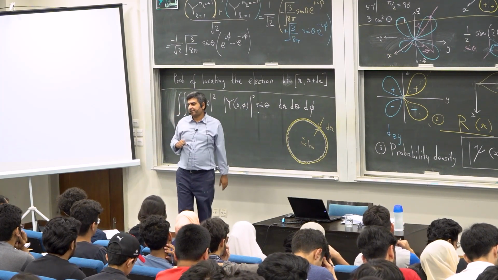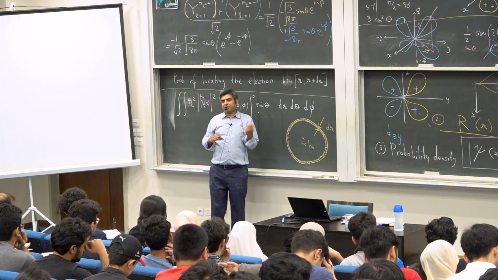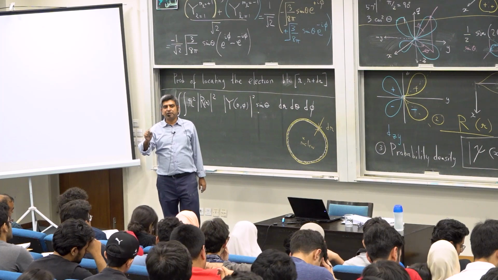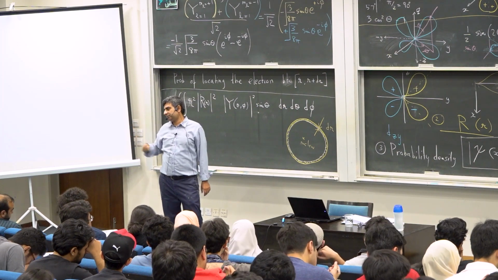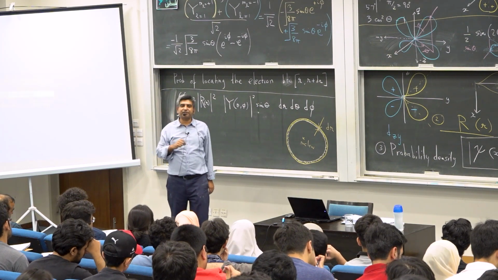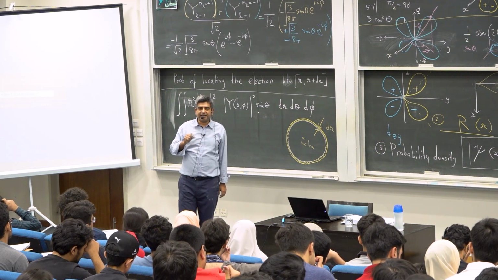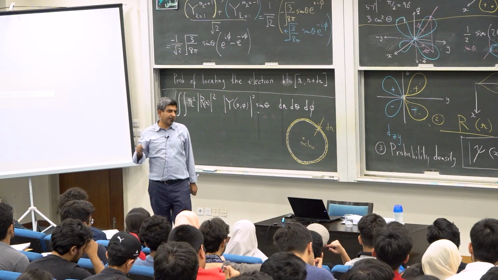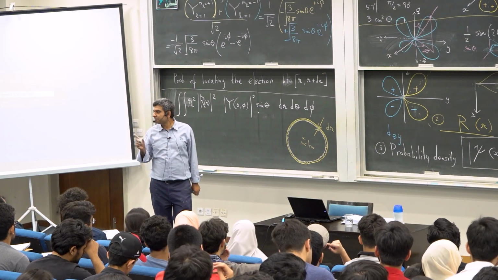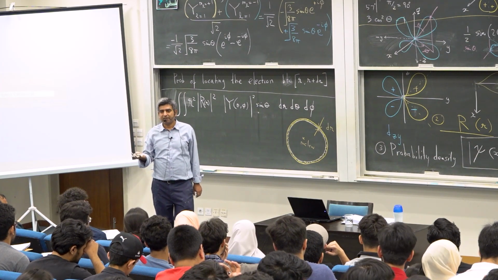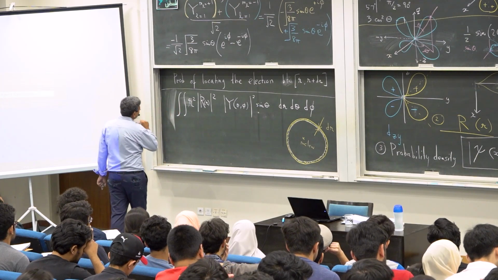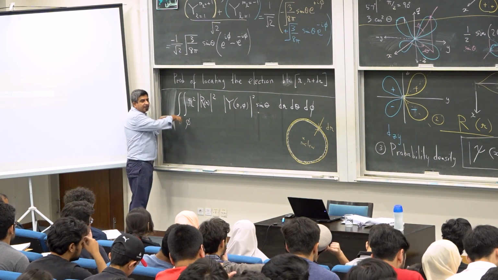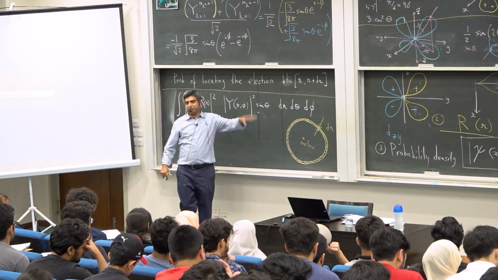If there is an insect living on this shell, and the insect is asked to go to every point on this shell, it's going to keep its r fixed and traverse all values of theta and phi. Correct? That's what a shell means. So I want to have all values of theta and phi possible as I go out on this shell.